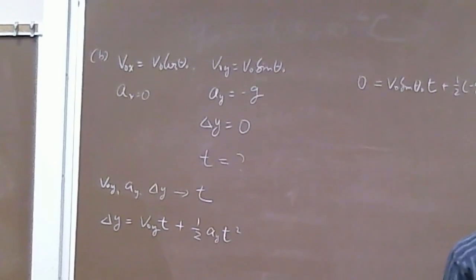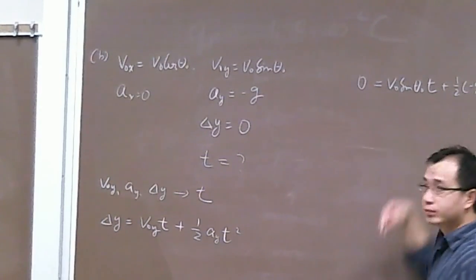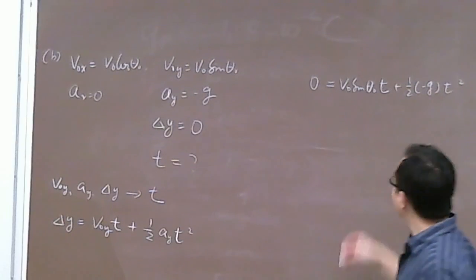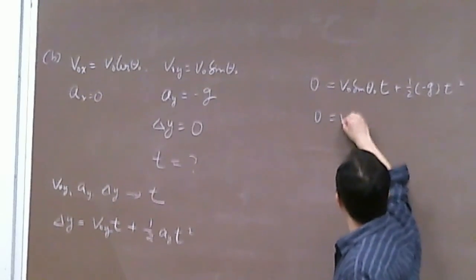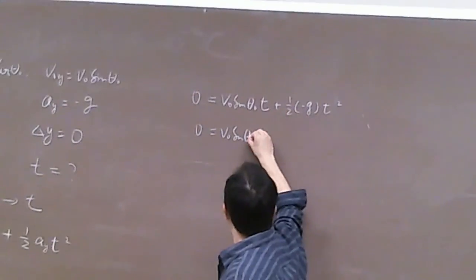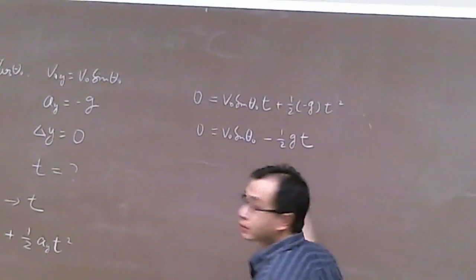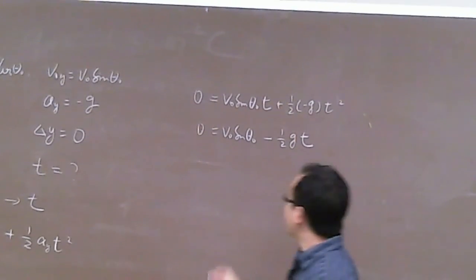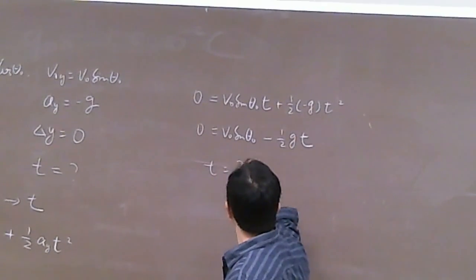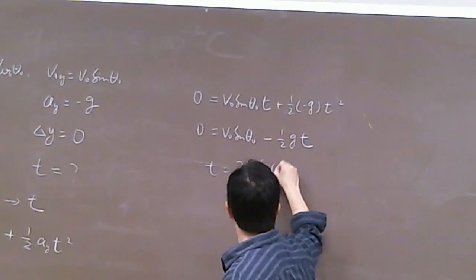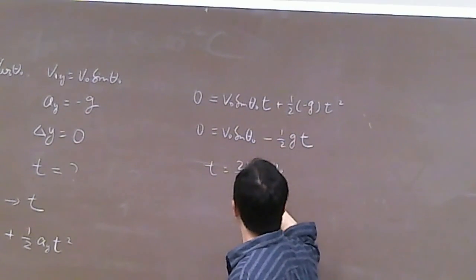Okay? So you can divide every term by t. So 0 equals V naught sine theta naught minus 1 half g t. From this you get t equals 2 V naught sine theta naught over g.